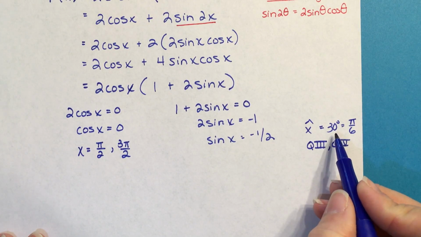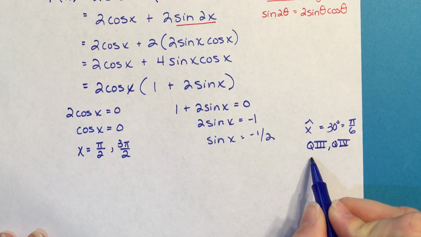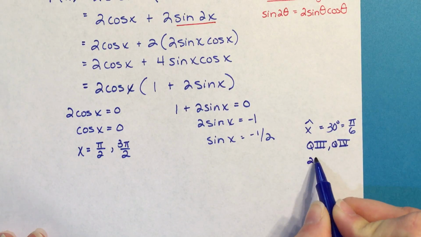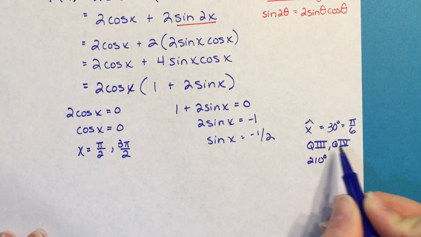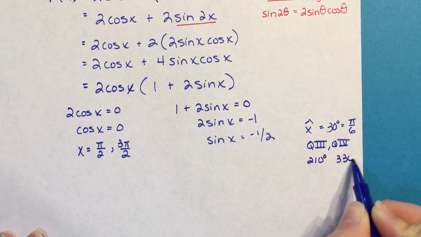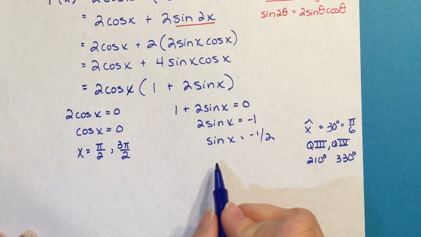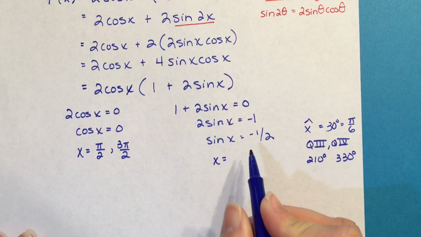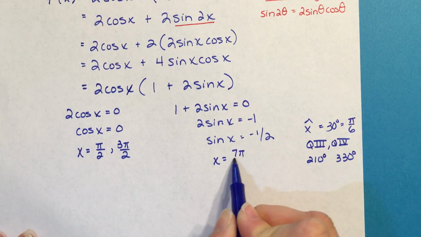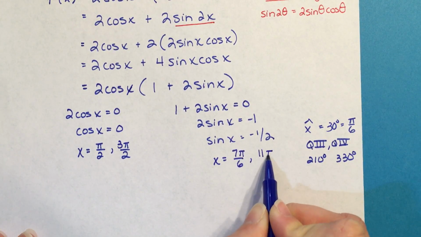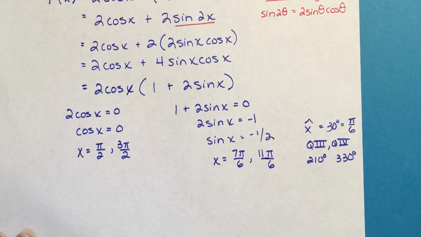So in degrees, this would actually have to be 210 for the third quadrant and 330 for the fourth quadrant, and then you can just change that over to radians. So that would actually end up being 7 pi over 6 and 11 pi over 6.